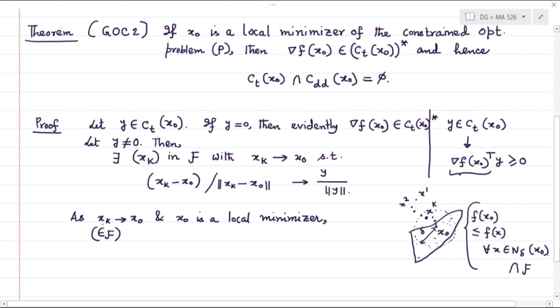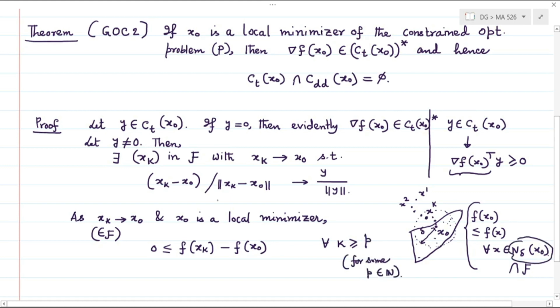Now you note that as xk belongs to F and x naught is a local minimizer, 0 is less than or equal to f xk minus f x naught, and this will happen for all k greater than or equal to some natural number, let's suppose p, for some p belonging to the natural number set.